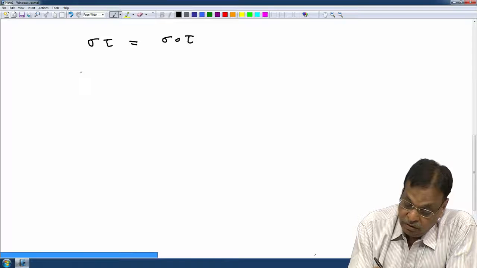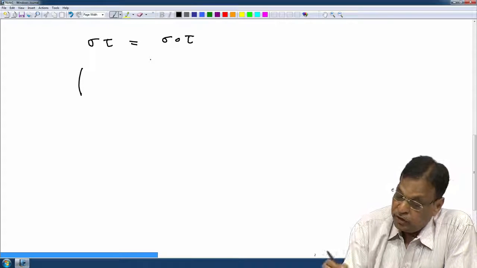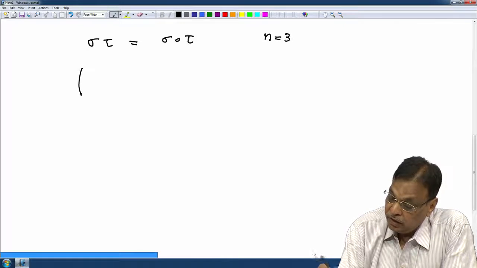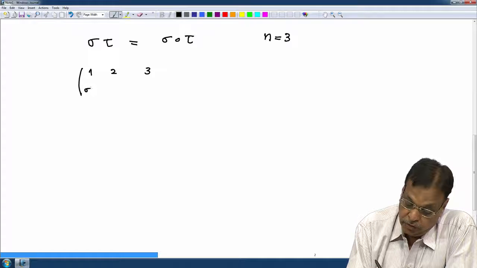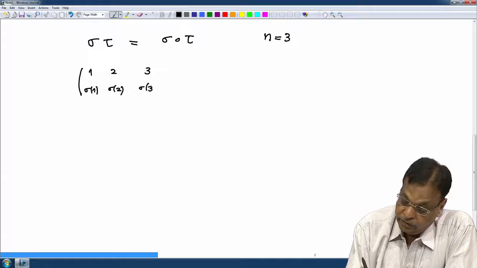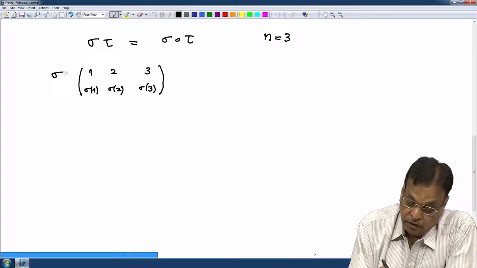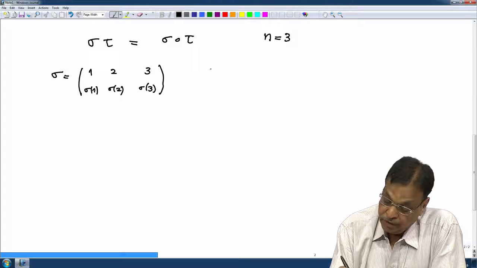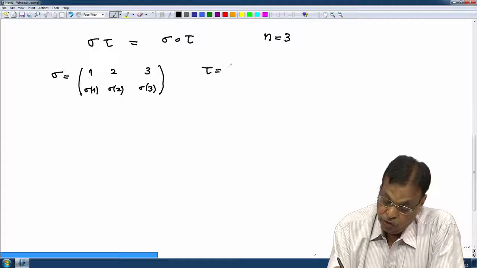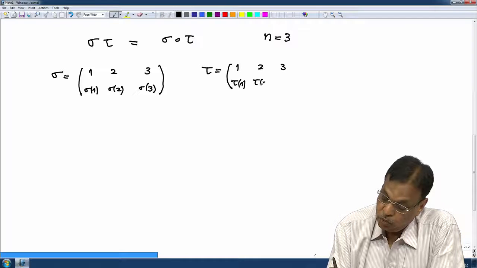For example, if I have a permutation when n equals 3, I will write below 1, 2, 3 the images: sigma 1, sigma 2, sigma 3. This is a permutation sigma. Suppose I have another one, which I will call tau: 1, 2, 3, with tau 1, tau 2, tau 3 below.